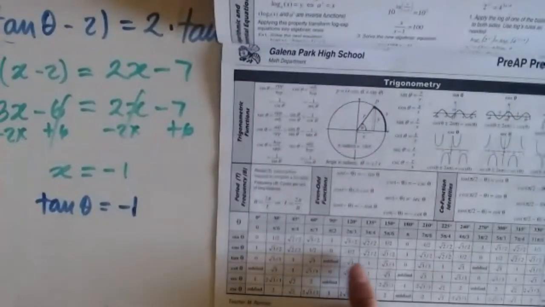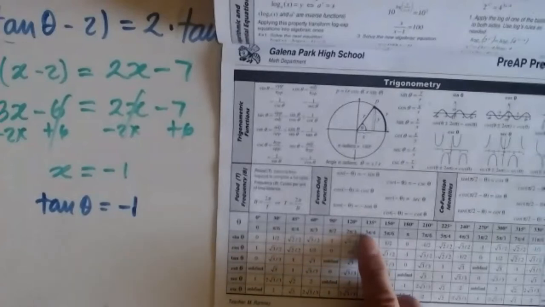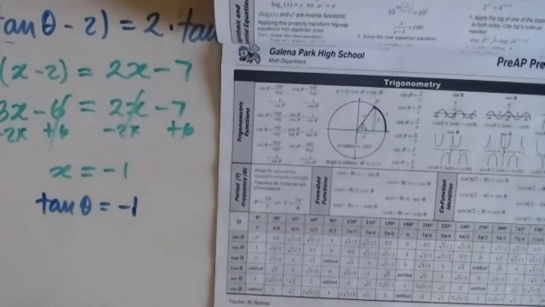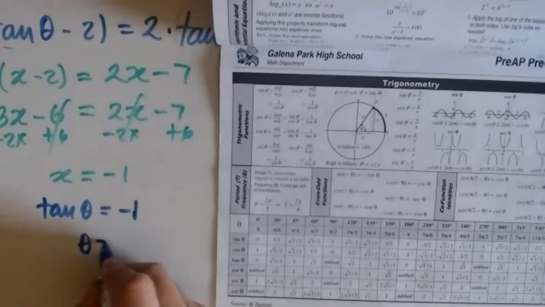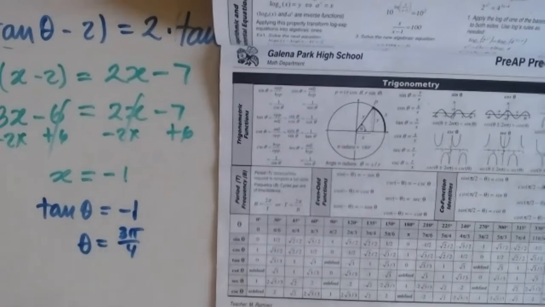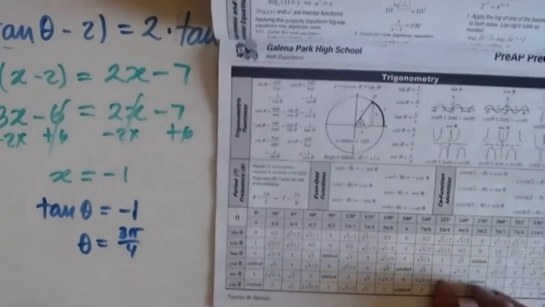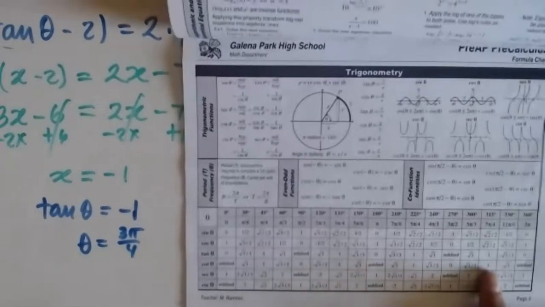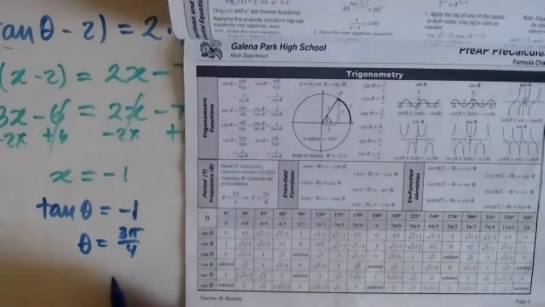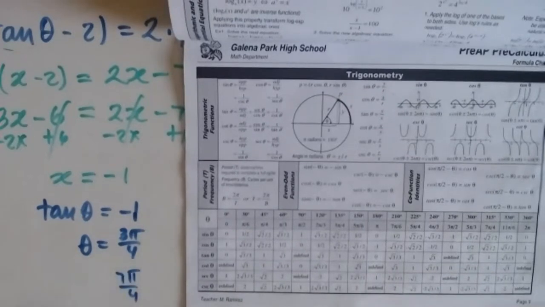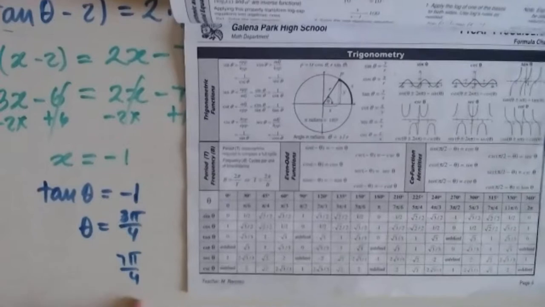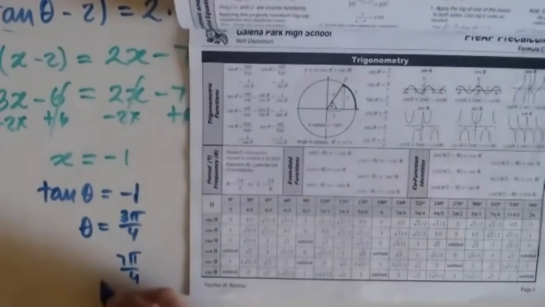This is 1, negative 1 is right here, so is 3 pi over 4. You see? Okay, theta is 3 pi over 4. Now, there is another negative 1. Yes, there is a negative 1 in 7 pi over 4. Yeah? 7 pi over 4. So I annotated both angles.